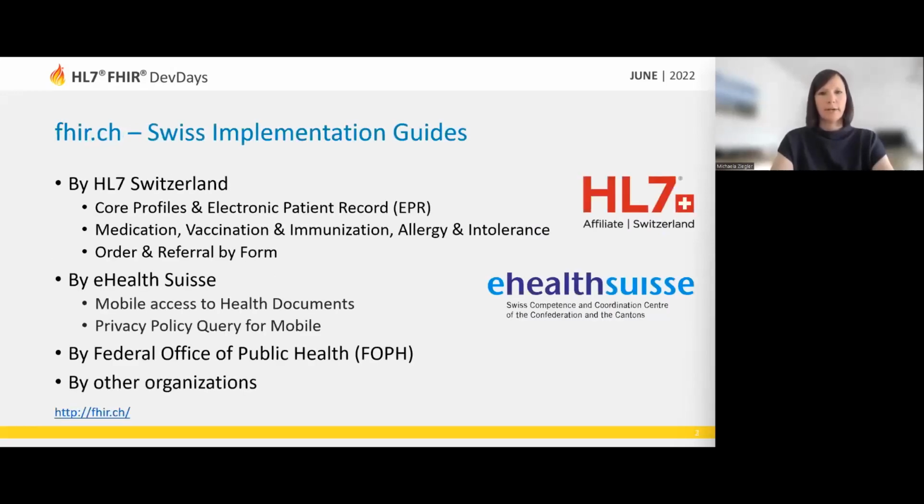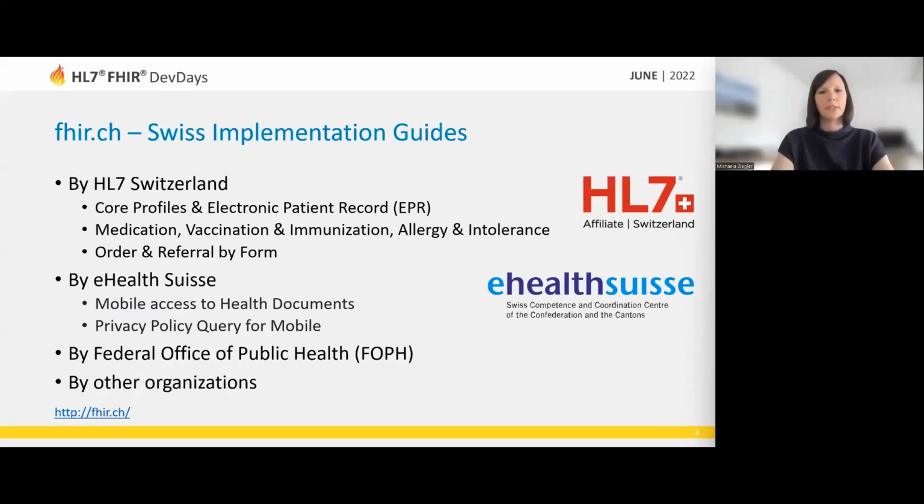The website FHIR.ch is the FHIR implementation guide registry of Switzerland, maintained by HL7 Switzerland. All known IGs are listed here, regardless of which organization is responsible for them.